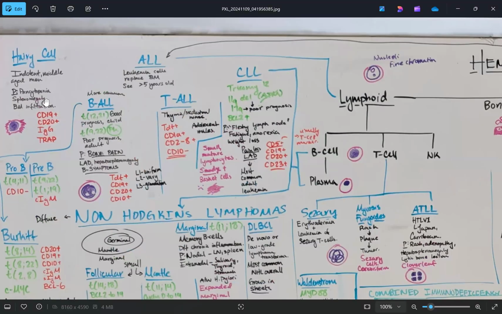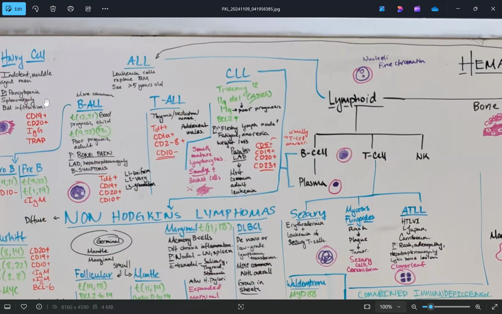Then you'll have CD1a positive, and then you'll also be positive for CD2 through 8, which includes CD5, which is T cell associated. This is important later when we talk about other B cells, because if they express CD5, you already know that's abnormal because it's only supposed to be on T cells. And then the important distinction is it will be CD10 negative as well. I don't really have a histology slide on there because I guess they didn't emphasize that as much as the B-ALL.